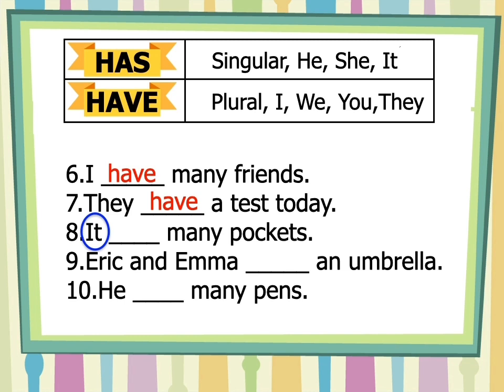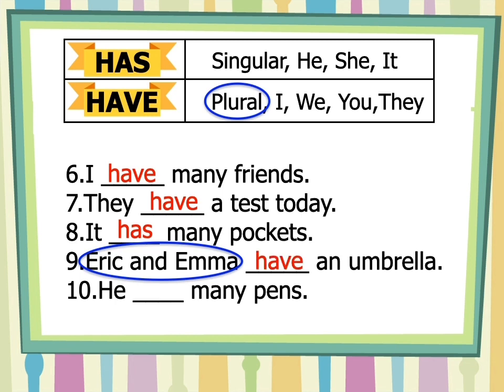So with, it, we will use, has. It has many pockets. Next is, Eric and Emma dash an umbrella. In this sentence we can see Eric and Emma, a plural noun. So with, plural noun, we will use, have. Eric and Emma have an umbrella.